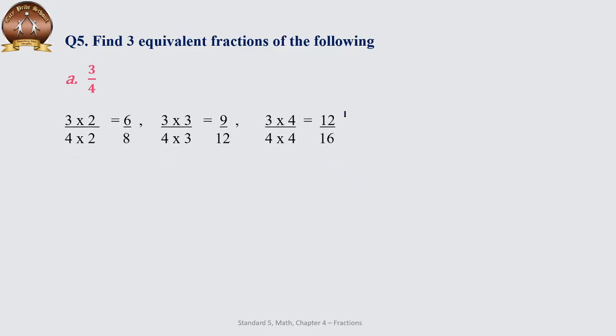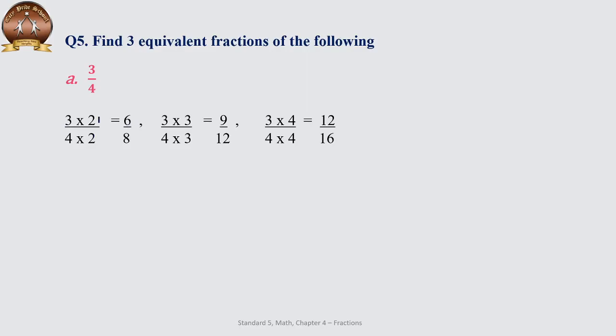Moving on to the question related to this, find 3 equivalent fractions of the following. 3 upon 4 is the number here that we have. And how do we make the equivalent fractions? The numerator and the denominator, when multiplied with the same number, we get the equivalent fractions.